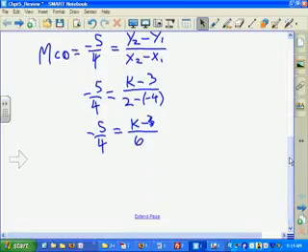Someone come up here and do that for me? What's that? In terms of right here or the question in general? So you have a slope. Right now you're at a point where you're doing inverse operations to solve for k.